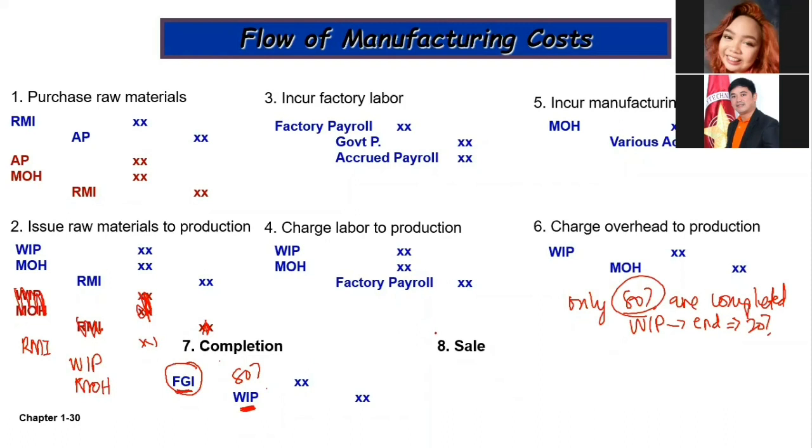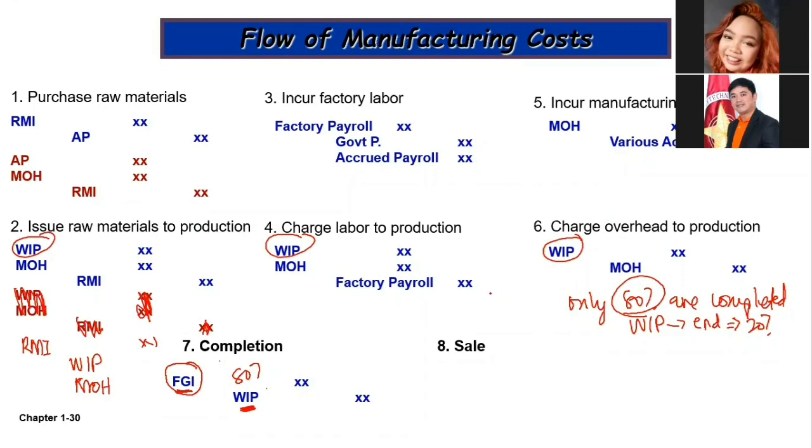Pero kung natapos lahat, so debit finished goods inventory for all the amounts of your work in process, and credit work in process. Saan ba manggagaling yung work in process mo? 1, overhead. 2, labor. 3, materials. Nakita po? Materials, labor, and overhead pa rin po yung inilipat mo sa finished goods if the process is completed.